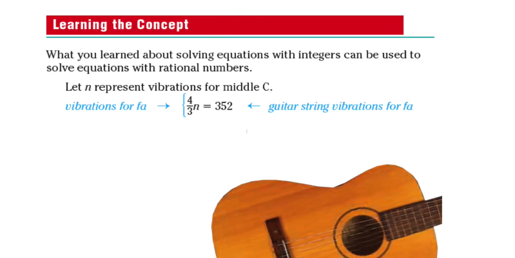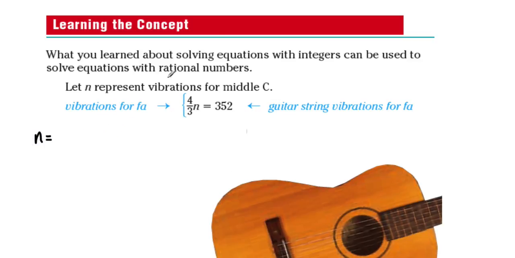When we say isolate n, n should be on the left side, where its only coefficient would be 1. But remember, 1 is never written. So when you're isolating n, we want to undo everything else that's next to n.